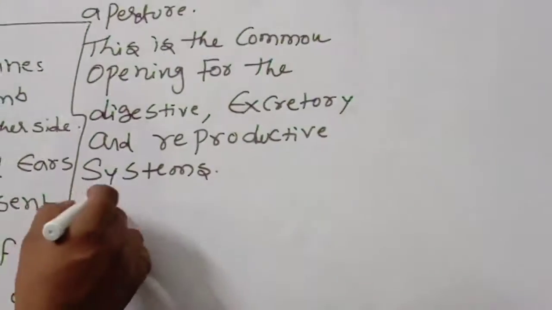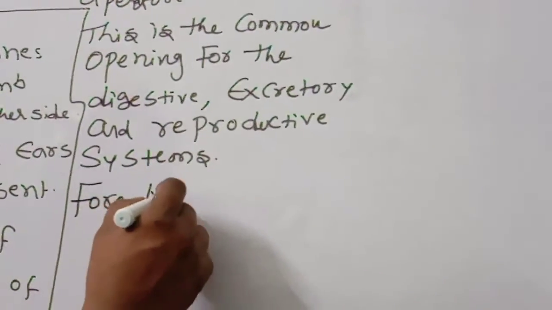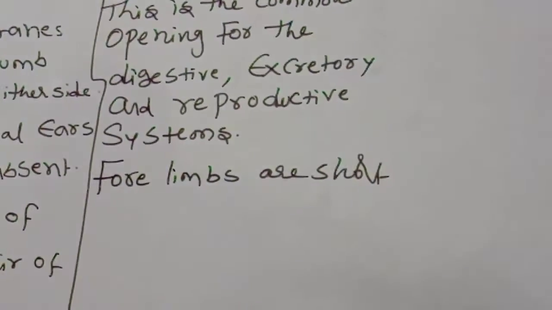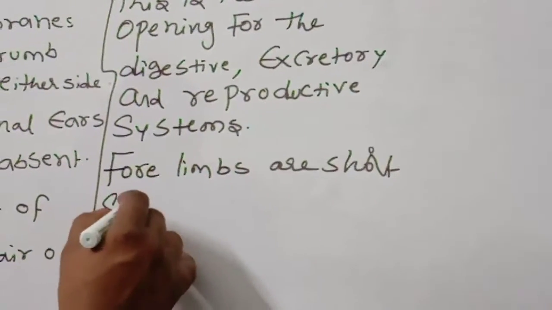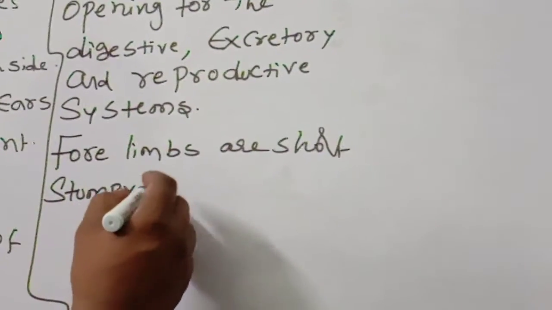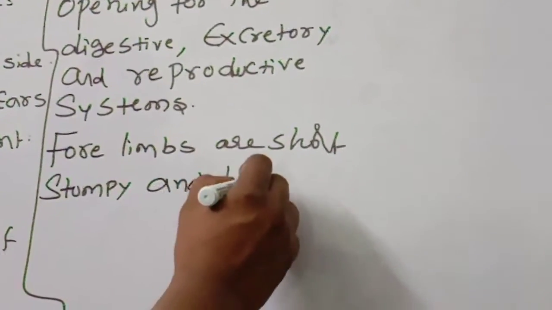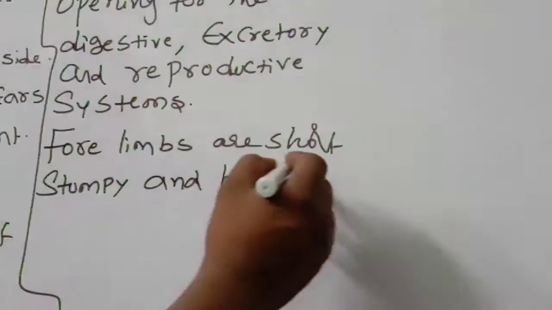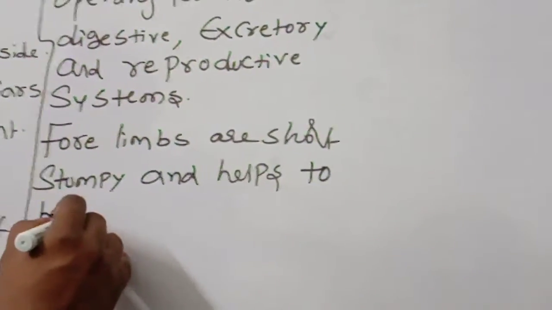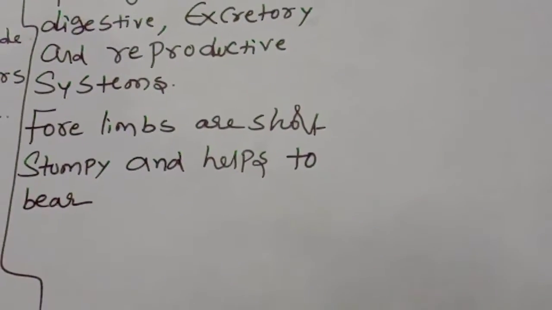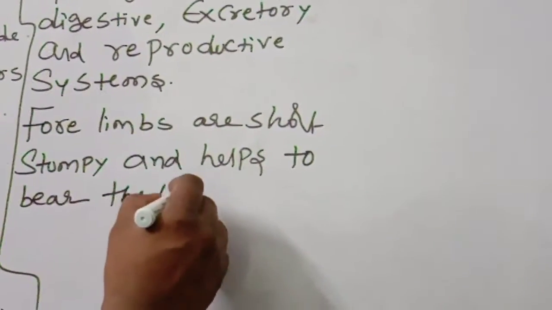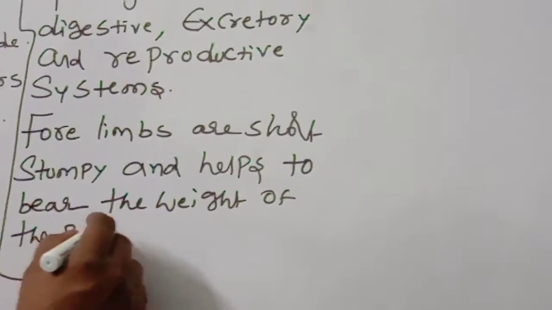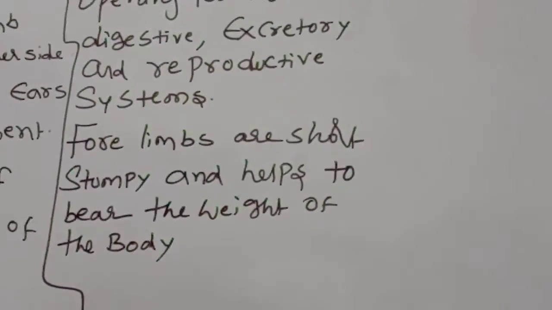Next, forelimbs are short, stumpy, and help to bear the weight of the body.